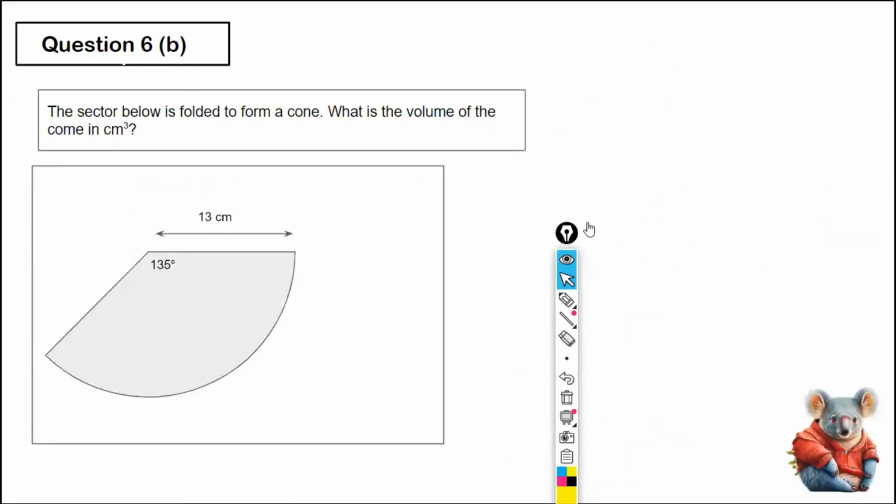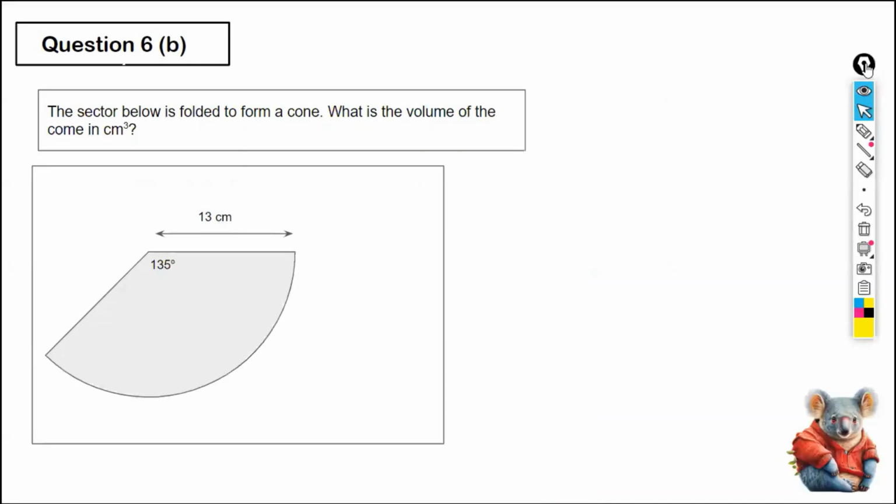Right, so here's another question that comes in the paper 3 as well, but it has come in the paper 2s before as well. So this one has no tricks with regards to meter cube or centimeters cube. They want you to get the volume of the cone.